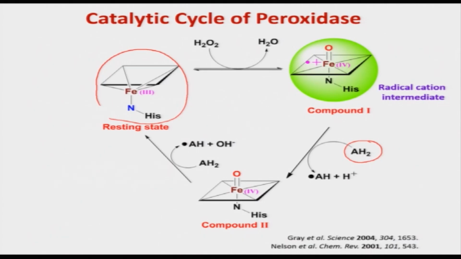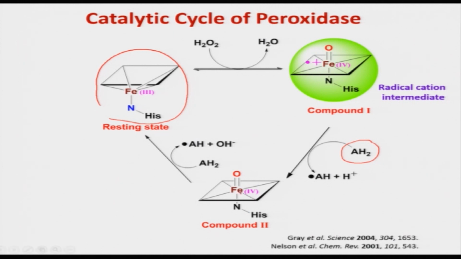Now, this highly reactive oxidized compound 1 transfers 1 electron to the AH2 substrate, forms an AH radical, and converts to an iron 4 oxo species, which is also highly reactive. It is known as compound 2.